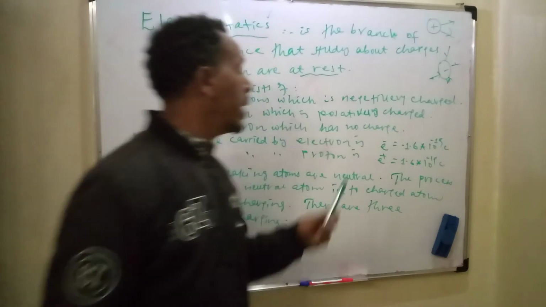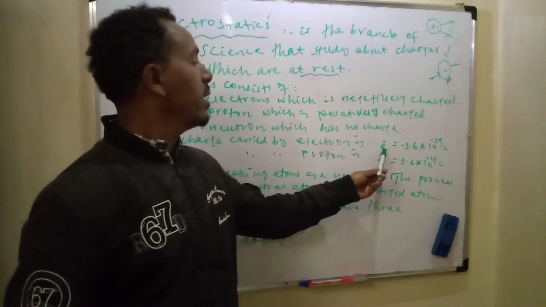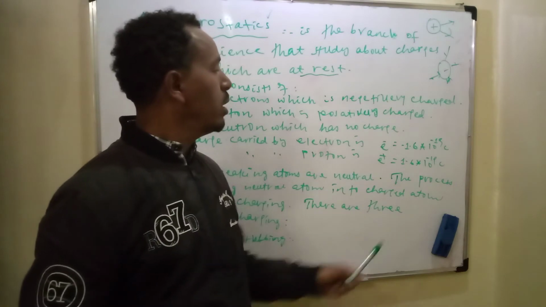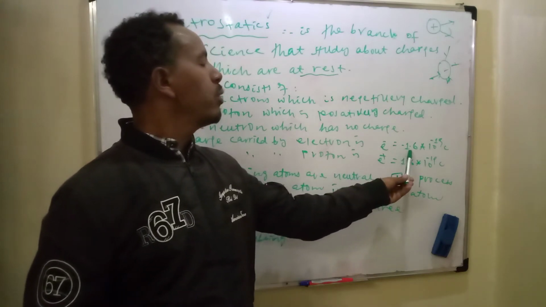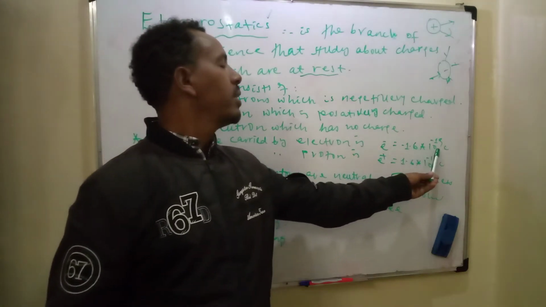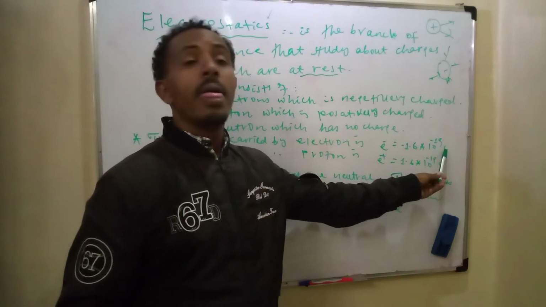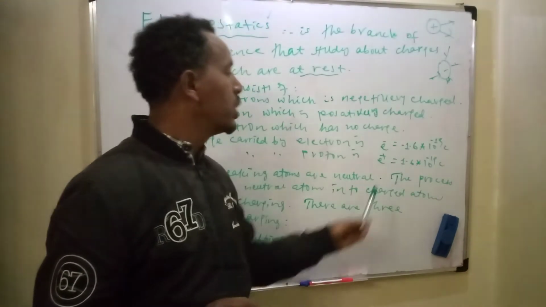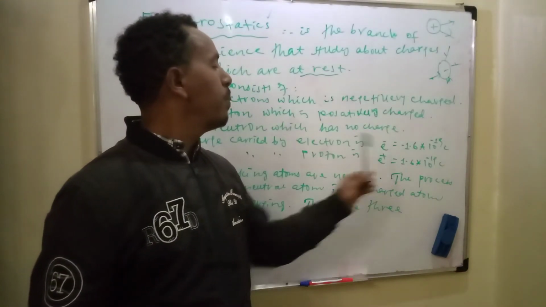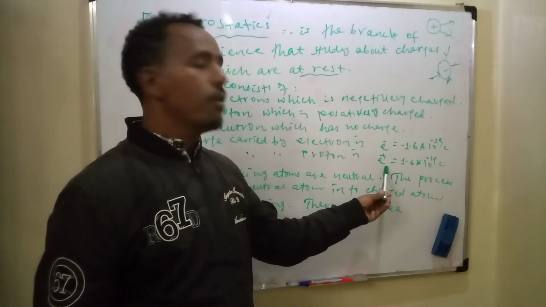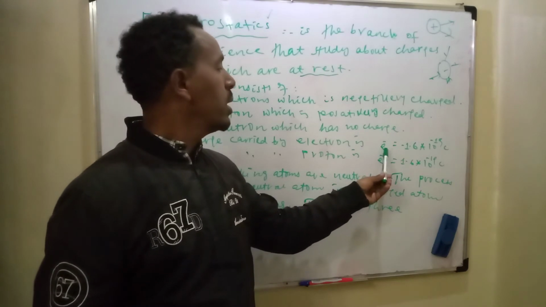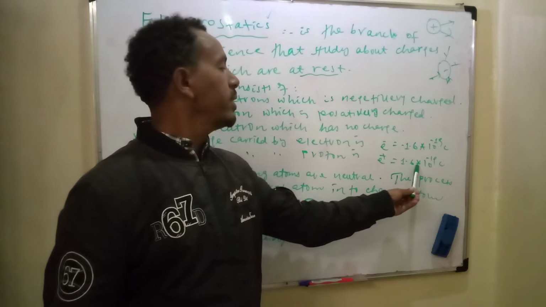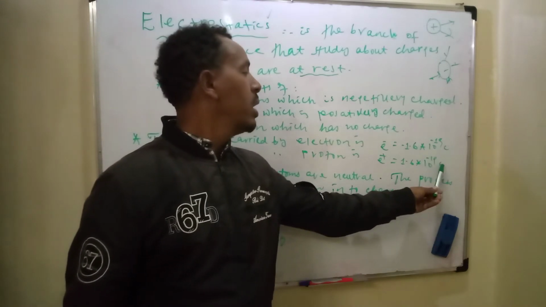One electron carries a charge e, which is equal to minus 1.6 times 10 to the power of minus 19 Coulomb. Coulomb is the SI unit of charge, whereas the proton carries plus 1.6 times 10 to the power of minus 19 Coulomb.